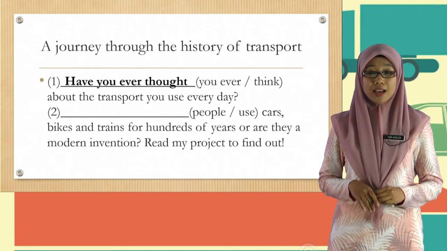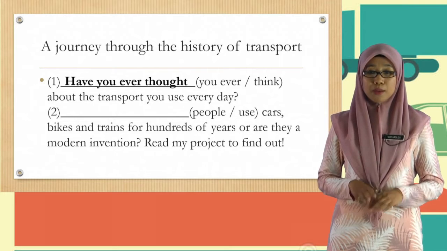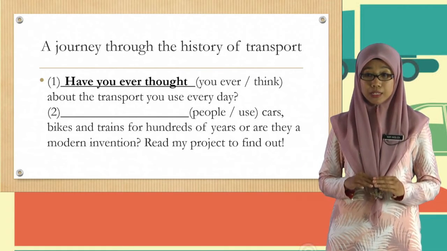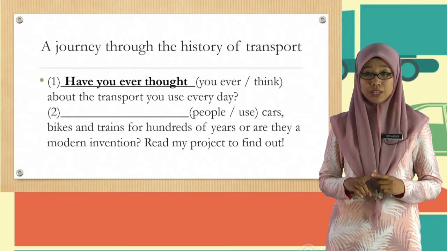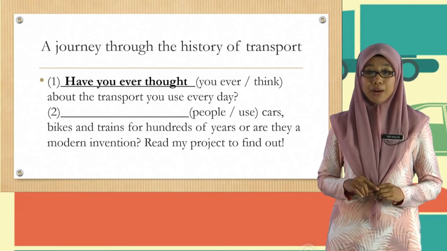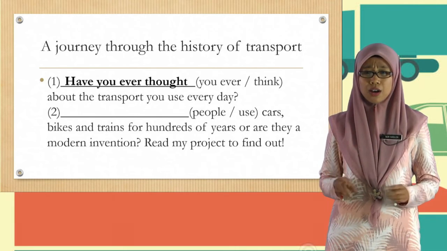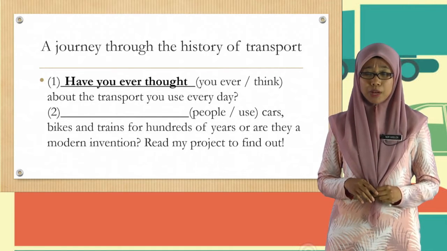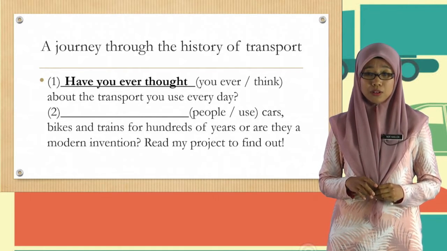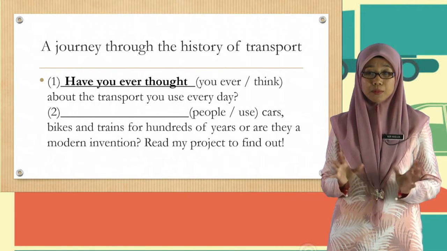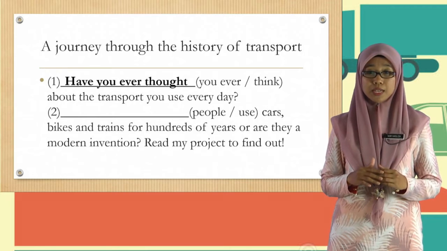Okay, next, number 2. We have a blank space. In brackets we have people and use. Cars, bikes and trains for hundreds of years, or are they a modern invention? Read my project to find out. Try to identify what the subject is. The subject is people. It is a plural noun subject.